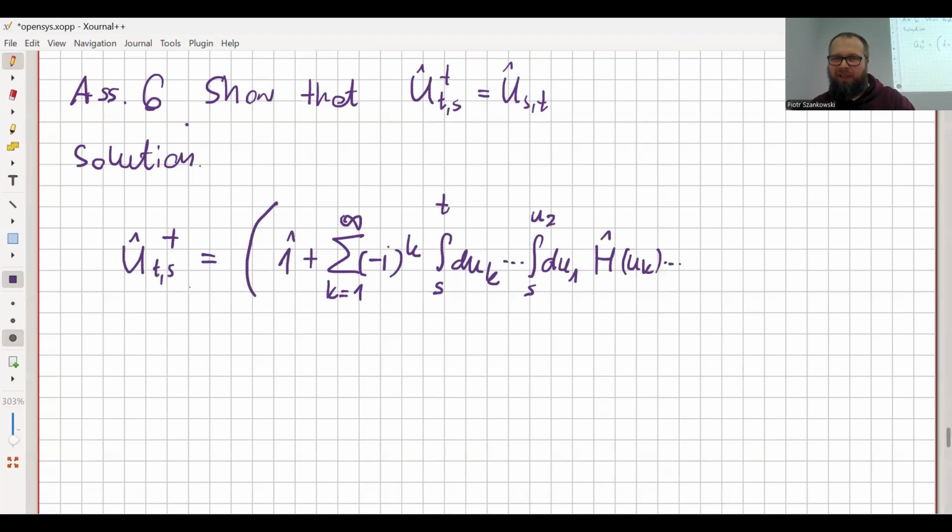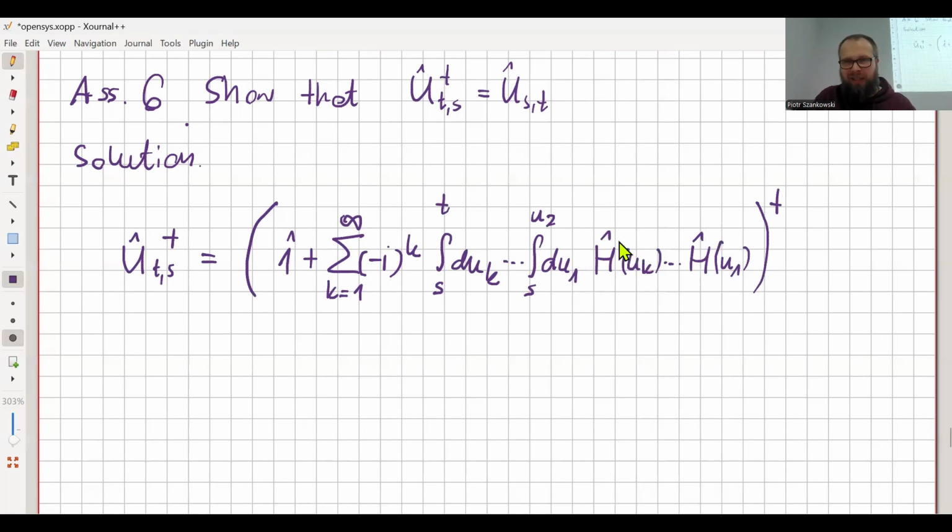This is my advice. And dagger. Okay, so what will happen here? Well, the simplest thing is that dagger is also complex conjugate, right? So the imaginary unit will change sign, and we will get an additional (-1) to the power k for each term.